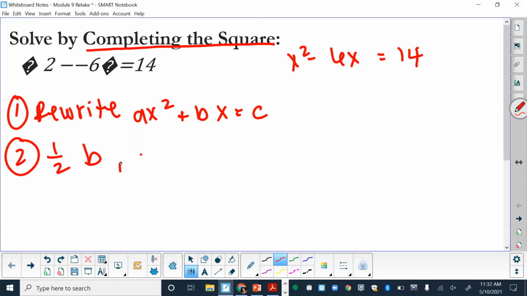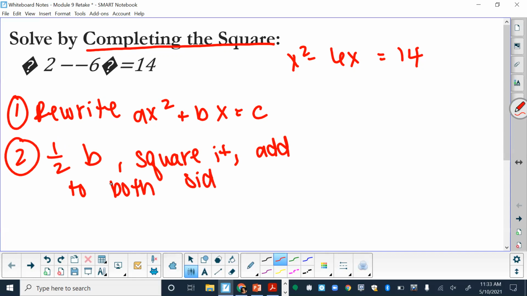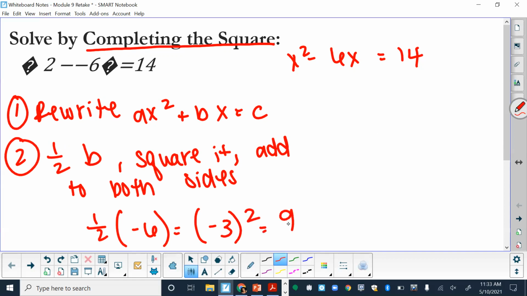Half of b, square it, and then what? So take half of b, square it, then add to both sides. What's my b value? So half of it would be, and squared would be, all right, good.